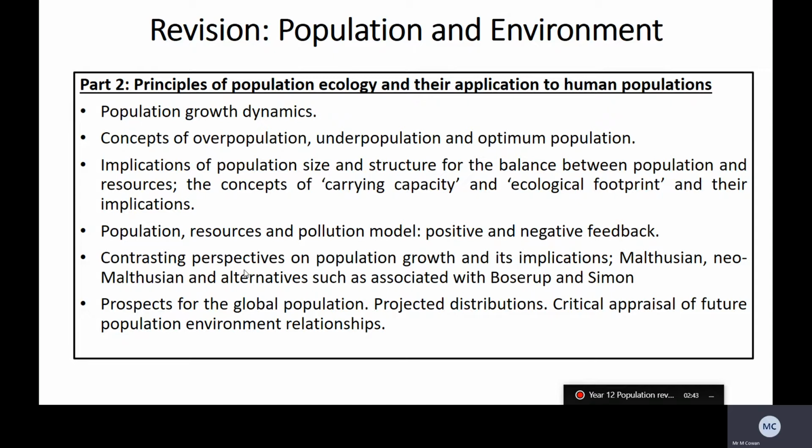Then there are two very much contrasting views on population: the negative perspective from Malthus, the Malthusian and Neo-Malthusians, and then the alternatives from Boserup and Simon. And we need to consider the prospects for the global population and the projected distributions of population in the future.